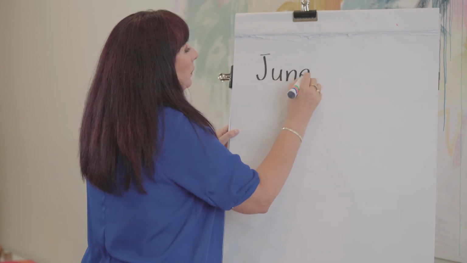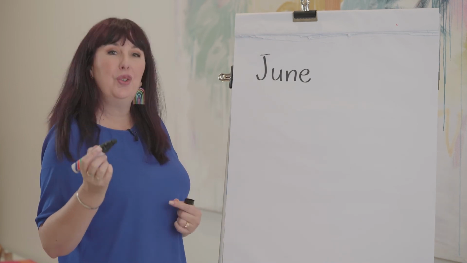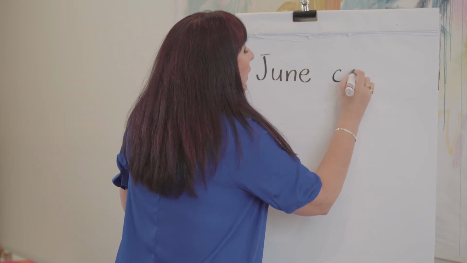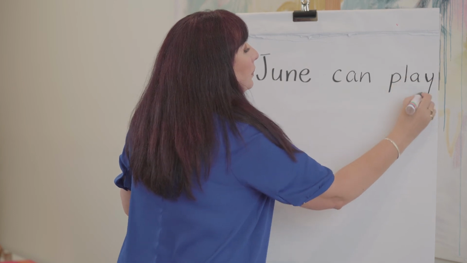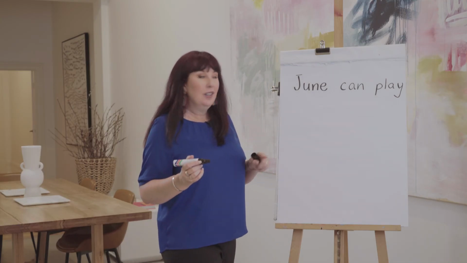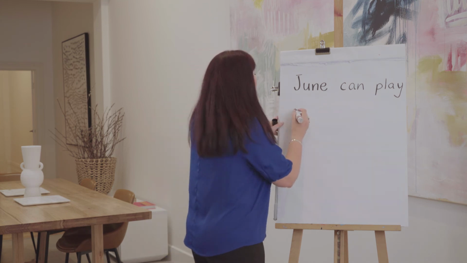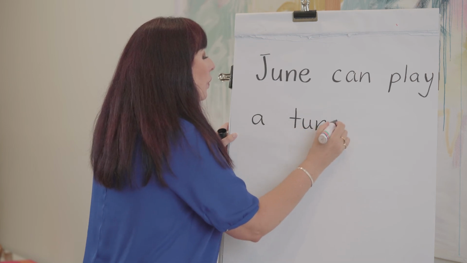June. So our sentence is about what can June do? June can play. What can she play? June can play a tune. Let's go. June can play a tune.